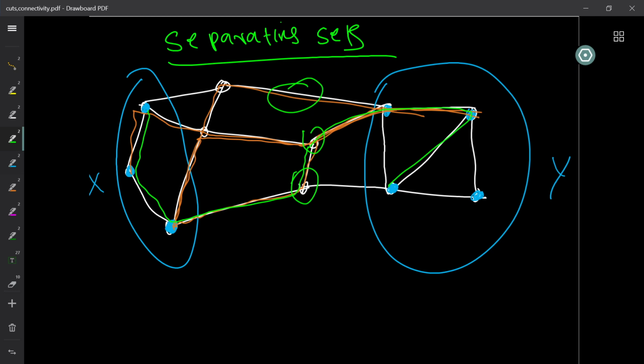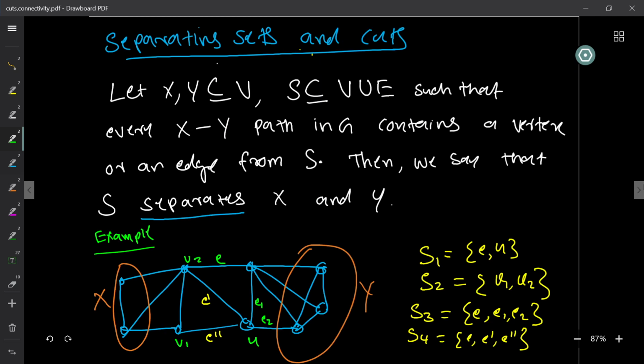So such a subset of vertices and edges, whose removal makes sure that there is no x to y path, is called an xy separating cut. And here is a formal definition.